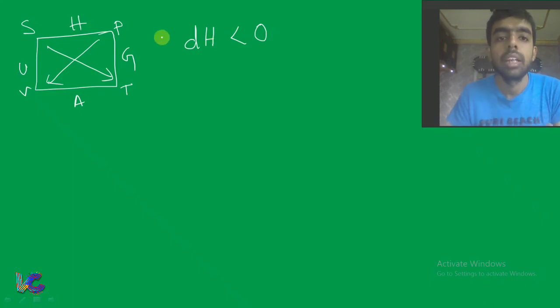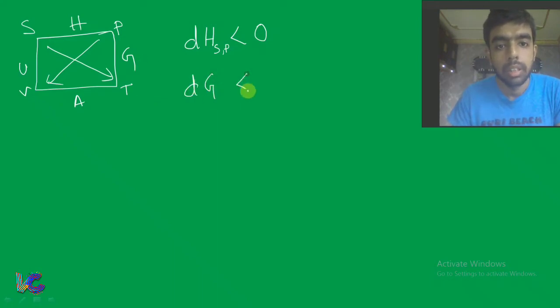H is in between S and P, so the constants will be S and P. So when S and P are constant, dH less than 0 is the condition of spontaneity. Fine. Similarly, dG less than 0 is true if P and T are constant, because G is in between P and T.